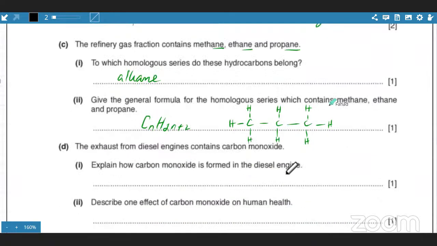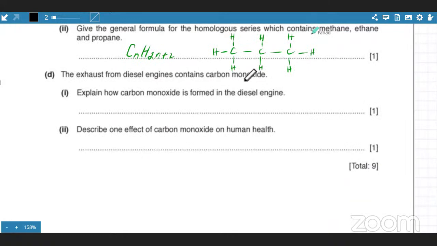The next part is: the exhaust from diesel engines contains carbon monoxide, which is very poisonous. Explain how carbon monoxide is formed in the diesel engine. Due to lack of oxygen, incomplete combustion.